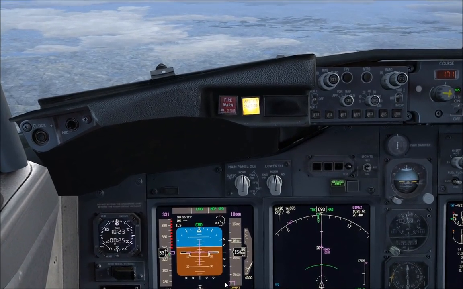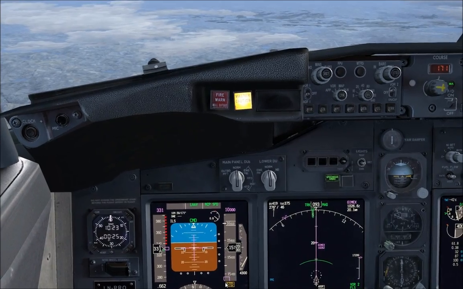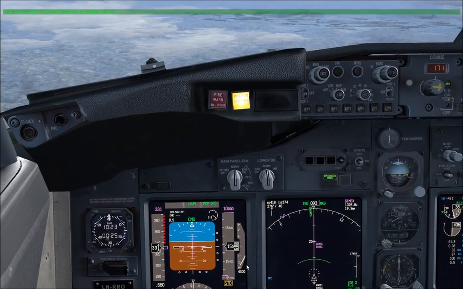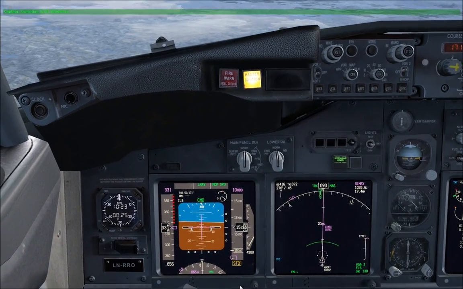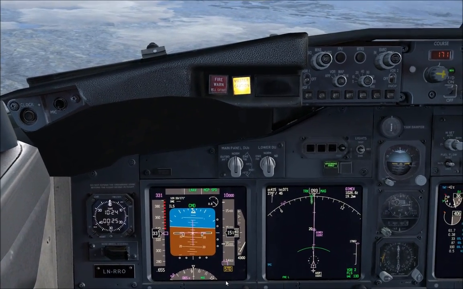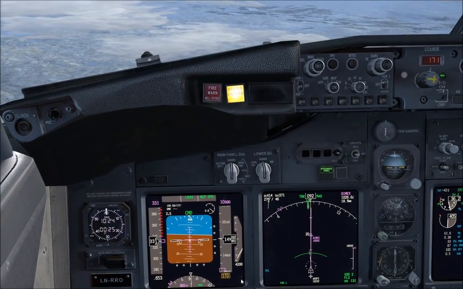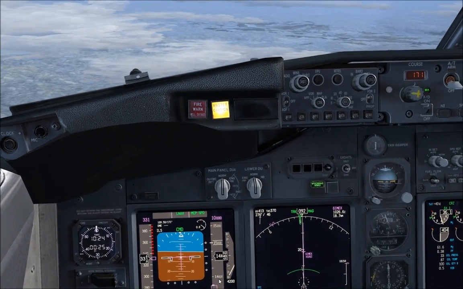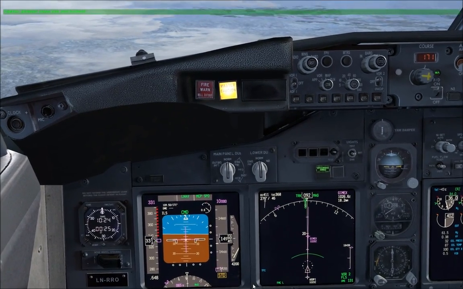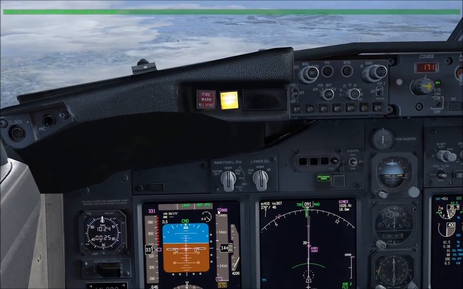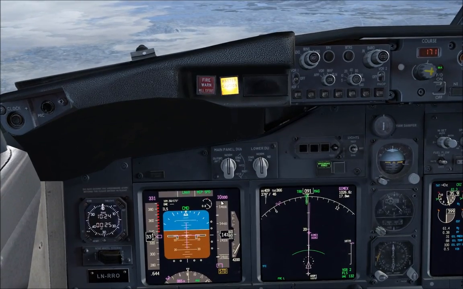If you are flying in areas like the US, where your transition level is about 18,000 feet, then you would need to acquire the local QNH and set it into the altimeter. But I'm flying in Europe, where it's mostly about 7,000, 8,000 feet, so we're still in the flight level region with our 10,000 feet.